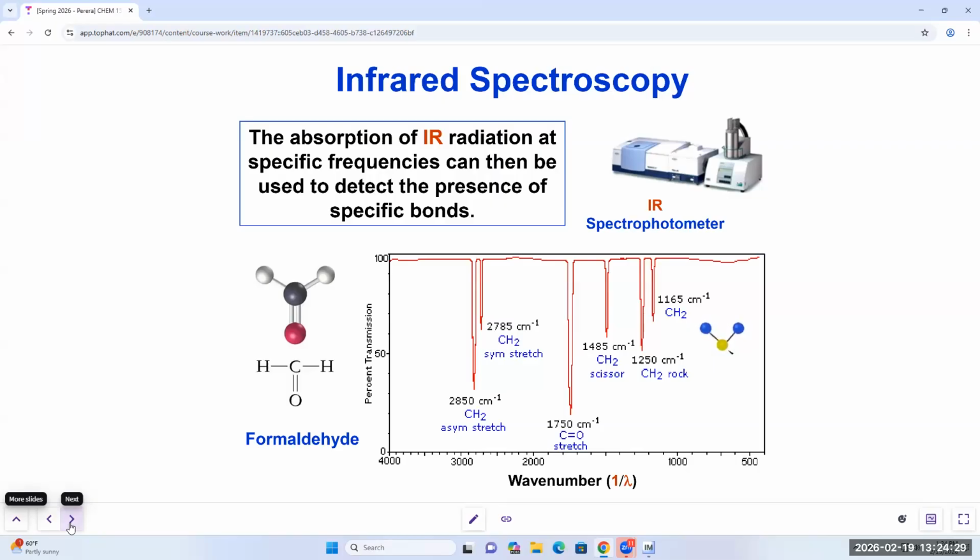They have transmittance on the y-axis instead of absorbance, and on the x-axis, instead of the wavelength, guess what? They have 1 over wavelength. Why? They could have easily had wavelength there. Anyway, it doesn't matter. It is still the wavelength, just 1 over wavelength, which is known as the wave number.